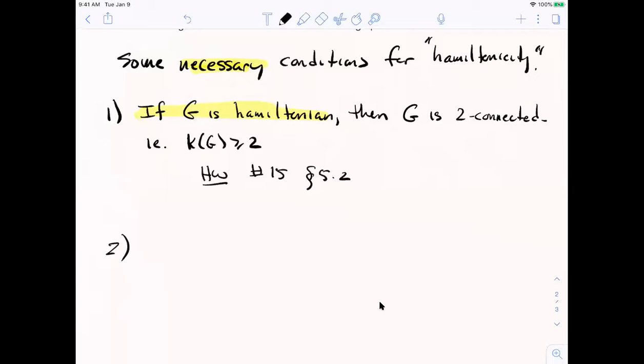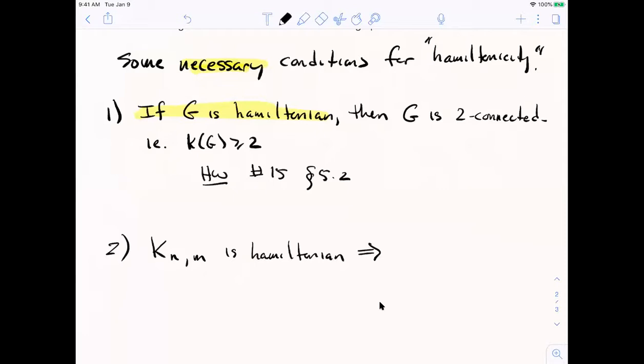Let's write another one down. It's specialized to complete bipartite graphs: if a complete bipartite graph is Hamiltonian, then n has to equal m. Sorry, I'm changing style. I didn't write "if it is." I'm kind of moving back and forth here, being a little scatterbrained.